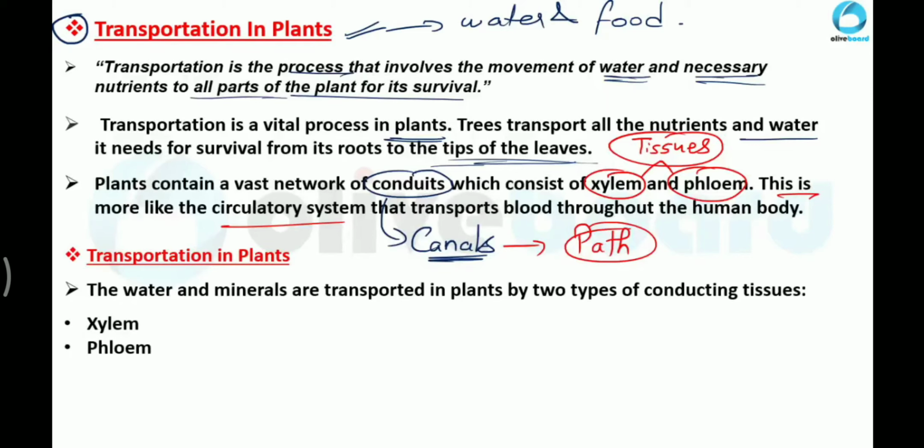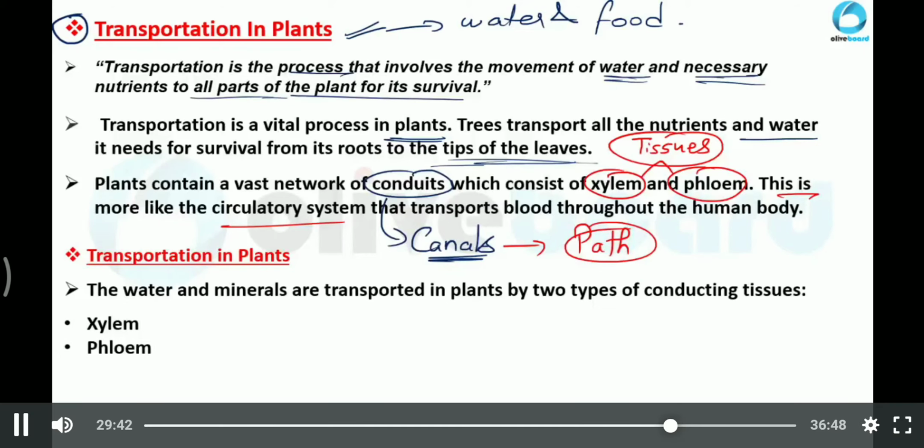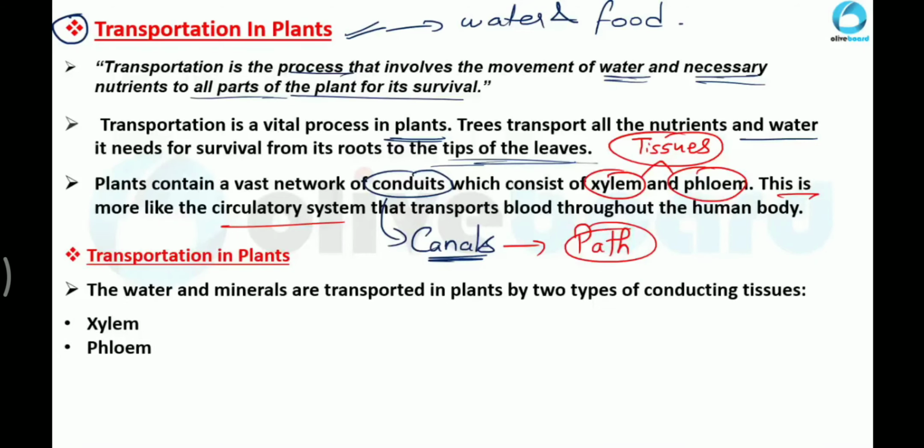In the same manner, plants contain a vast network of canals, these conduits, which contain xylem and phloem, and with the help of xylem and phloem, plants can transfer water and food materials to the different parts of the plant.